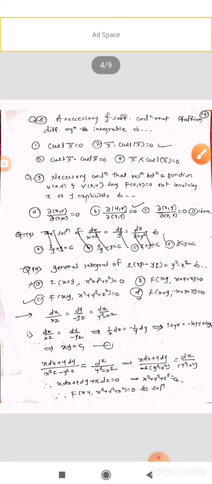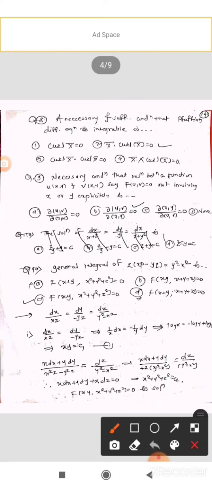Now the next example, the general integral of z into xp minus yq is equal to y square minus x square, we find the multiple curves. As we know, it may be x plus y, it may be x into y.